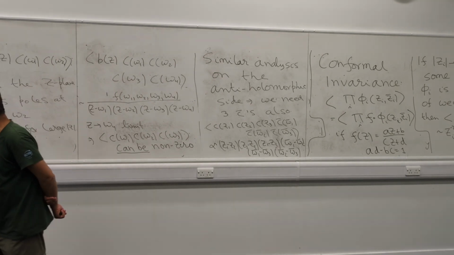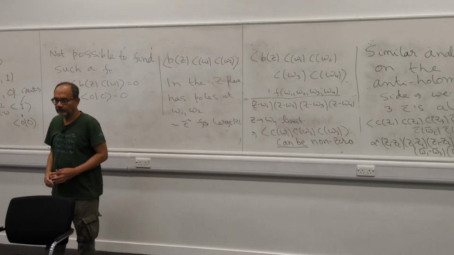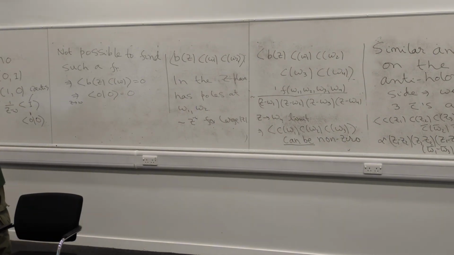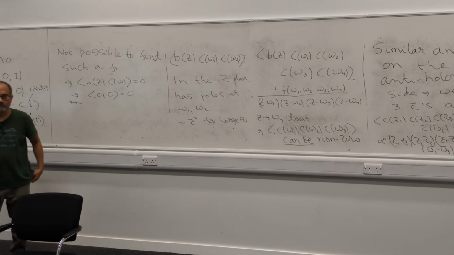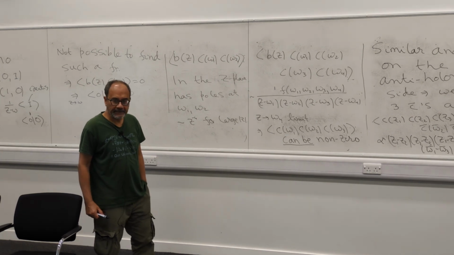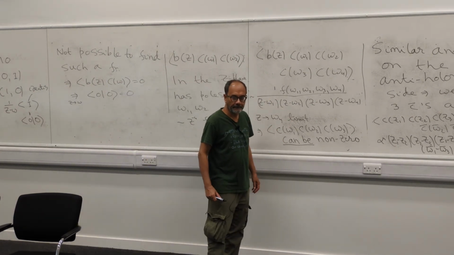The way I have defined ghost number, the ghost number has to be 3 in order to get a non-zero result on a sphere. B, c, c, c, c is 0. If you have b, c, c, c, c, c bar, c bar, c bar, that is non-zero.